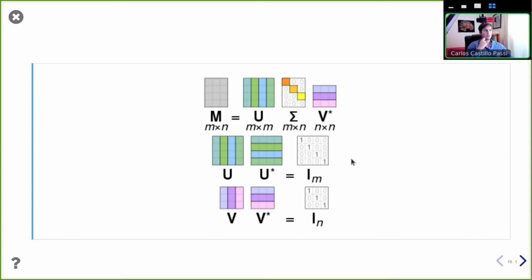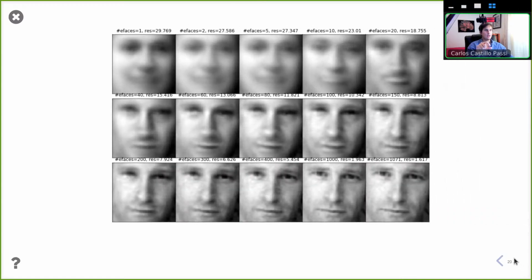That, for example, can be applied to compress an image. If we represent our image with a matrix, and we then apply the SVD algorithm and remove some of these singular values, for example, this last one is very small, so we multiply that by 0, we can compress the image. Here, I have a face that has all the singular values.